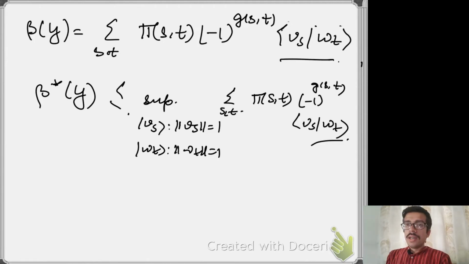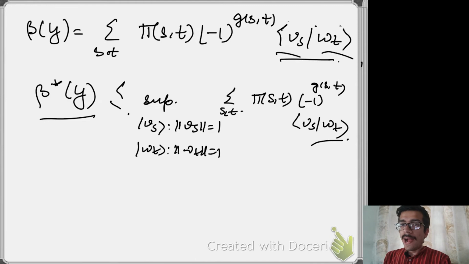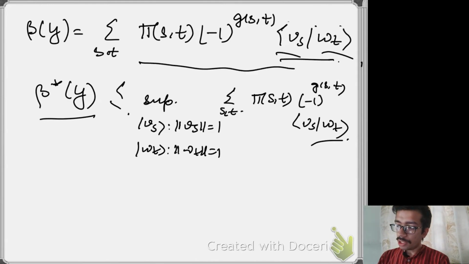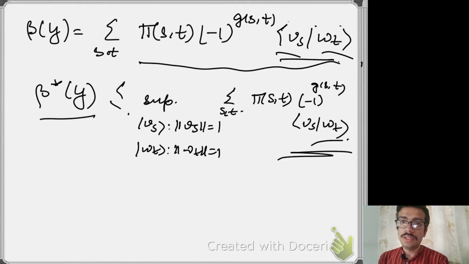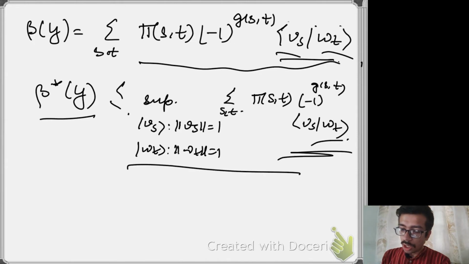Because any entangled strategy will provide me these values of Vs and WT, and the bias I get will be upper bounded by the supremum over all such Vs and WT. So even the best entangled strategy will be upper bounded by this value.